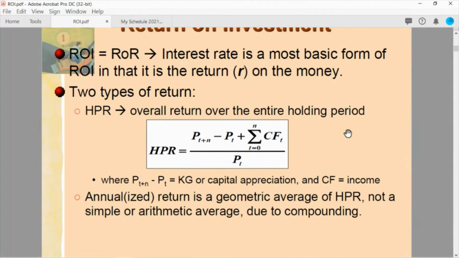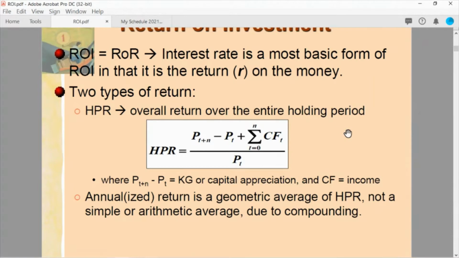Annual return means the data already exists in annual form, like data that was collected at the end of each year. That's annual data. But annualized means it wasn't originally in annual form, but you artificially annualized it.